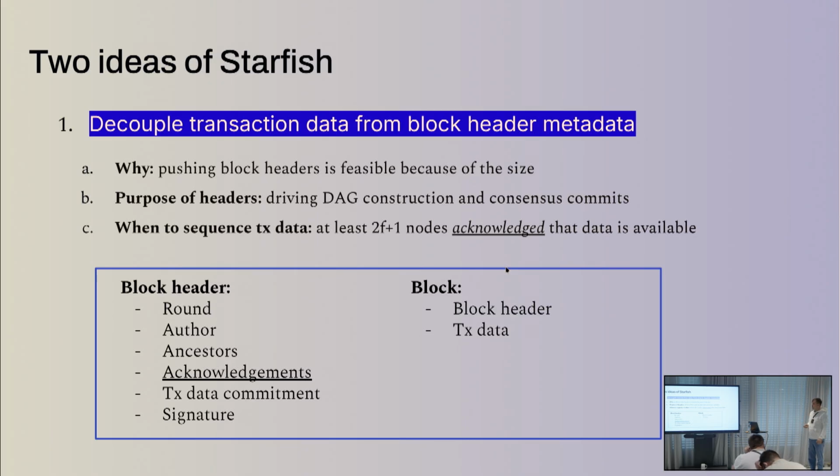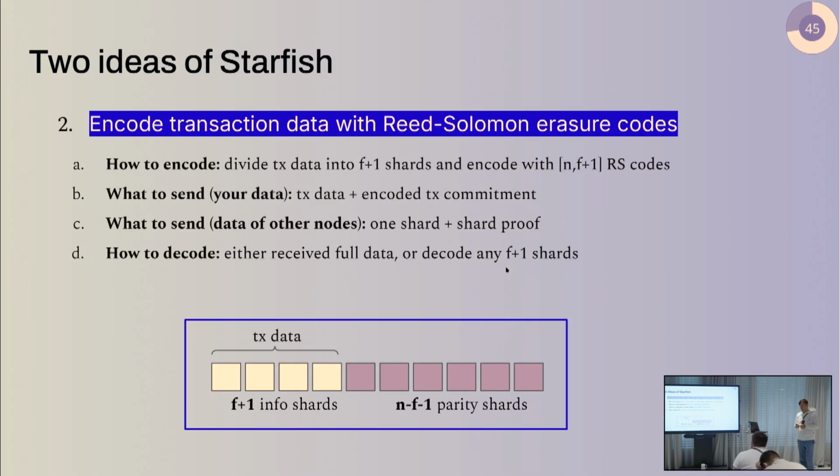Yeah, and it's the first idea. I'll then show how it's implemented. And the second idea is about how to keep the bandwidth usage linear with the transaction data, to not communicate the same transactions too often. So basically what we want to do is encoding.